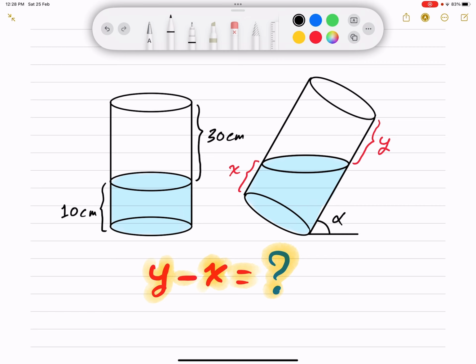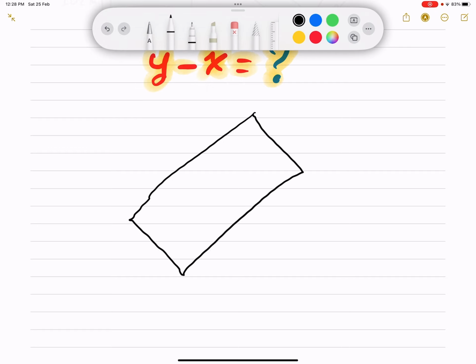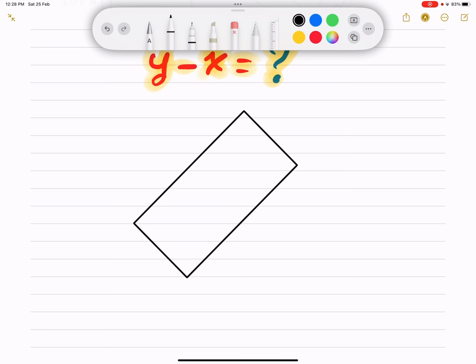Okay, so let's draw a cylinder, which is a bent rectangle. This angle here is basically alpha, which is unknown to us. Now the level of the water would become like this, so let's make it a little bit lower.